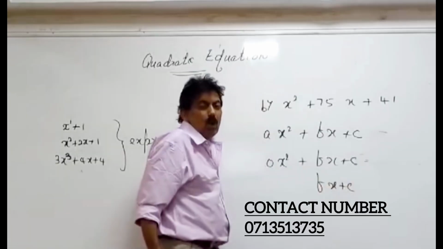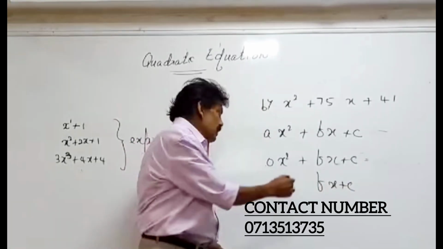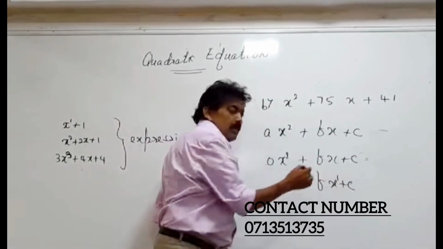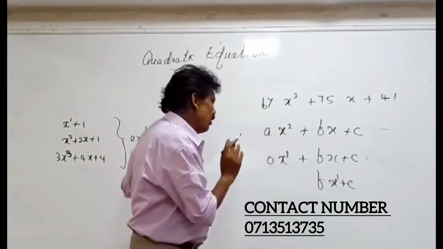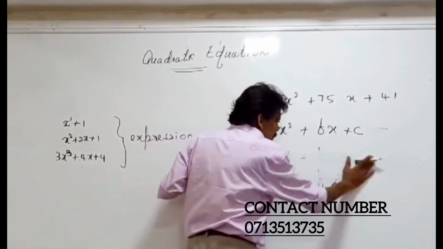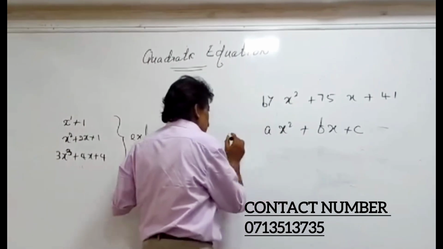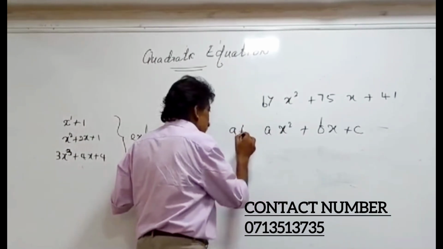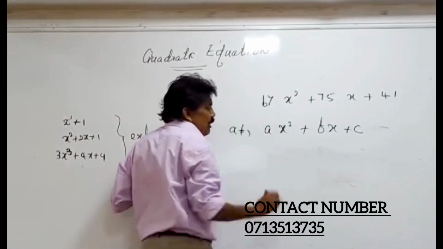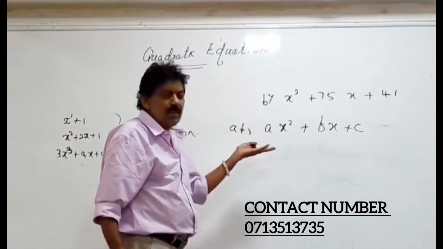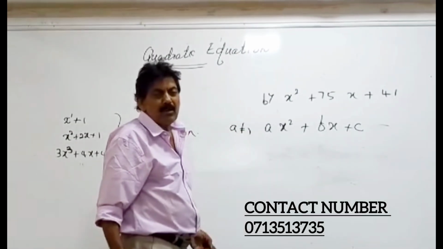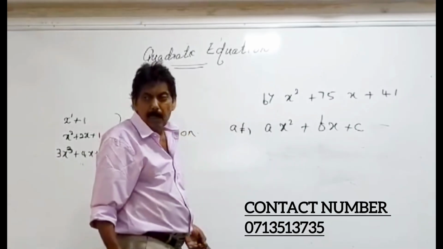It will no longer be a quadratic expression, it will be a linear expression. Therefore, when denoting a quadratic expression, it's important that we say a not equal to 0. ax square plus bx plus c is the general form to denote a quadratic expression.